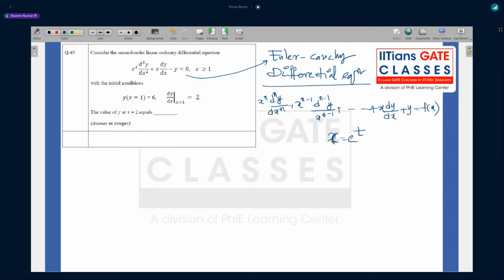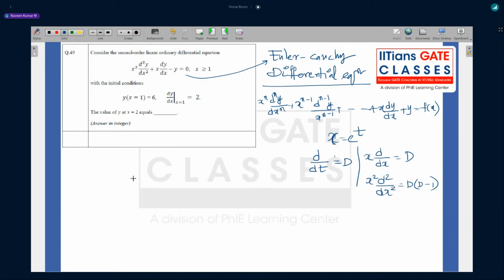After that, we did some manipulations, and we told that d by dt is D. Then if you have x d by dx, we can write it as D. And if you have x square d square by dx square, then we can write it as D into (D minus 1). So all these things we have seen, right?